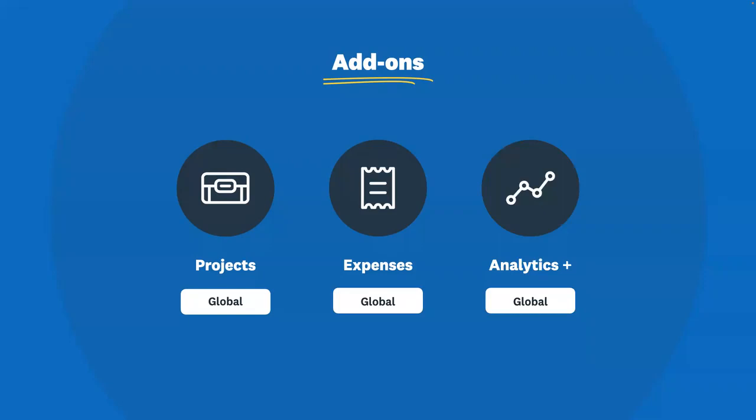And the final add-on product, I was about to say projects there, the final add-on product we'll have a look at is Analytics Plus. Now, within Xero, you will already have access to Analytics, which gives you the business snapshot and short-term cash flow reports. And in these, you will find some great insights and projections.